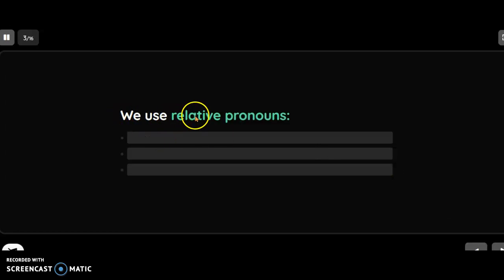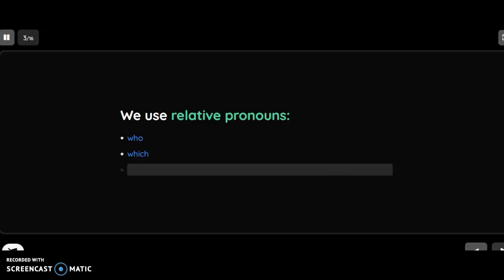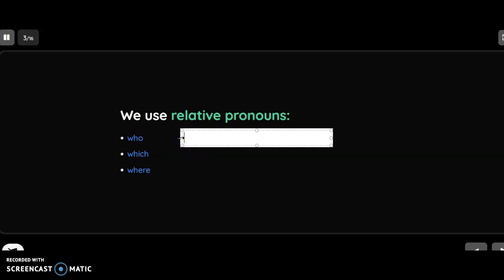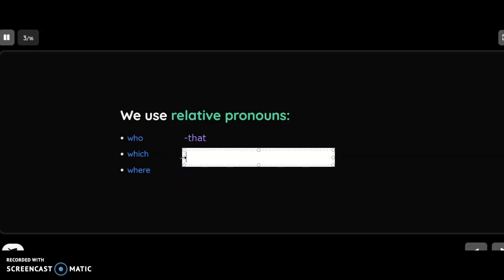It says we use the relative pronouns, because this is the grammatical name of the words we already saw. Who, which, where. We have more actually. We have that. And we also have when.